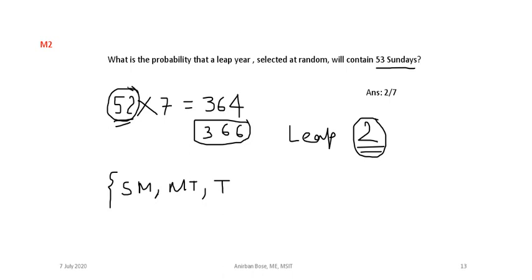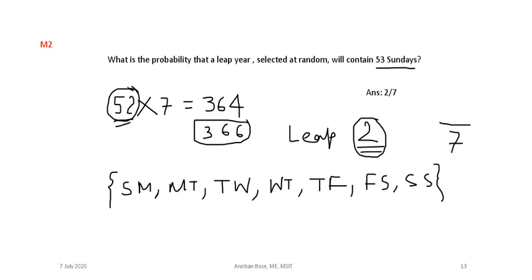Then it can be Tuesday and Wednesday, or Wednesday and Thursday, Thursday and Friday, Friday and Saturday, Saturday and Sunday. So these are the possible outcomes. Okay, so what is the total number of possible outcomes? If you count 1, 2, 3, 4, 5, 6, 7. So 7 is the total number of possible outcomes.